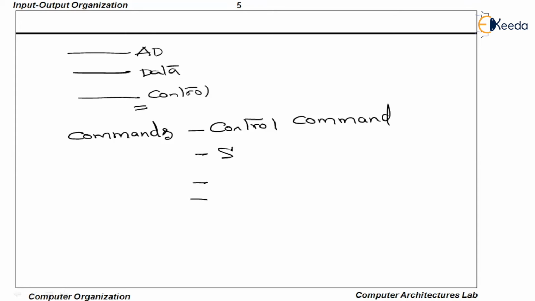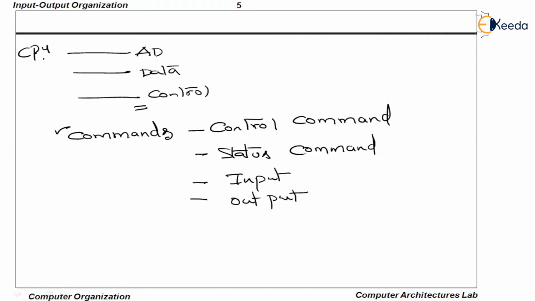Second one is a status command. Third one is an input command, and the fourth one is an output command.